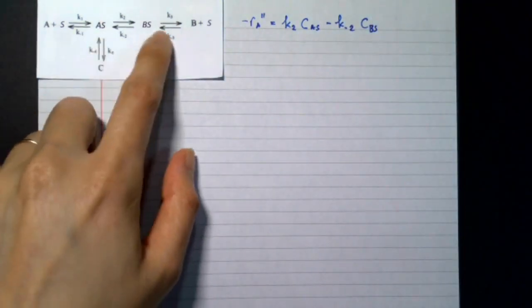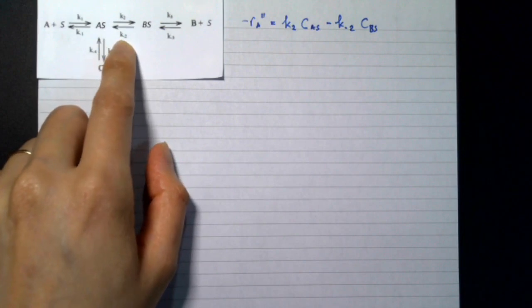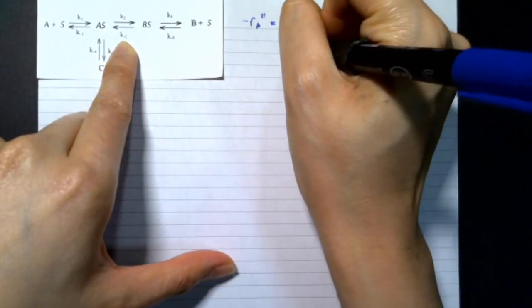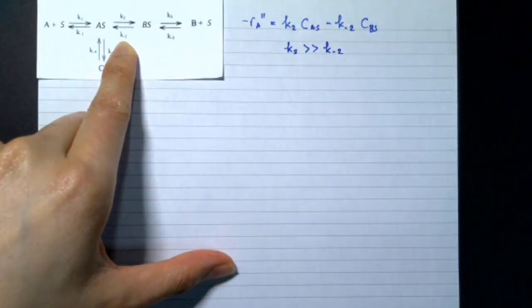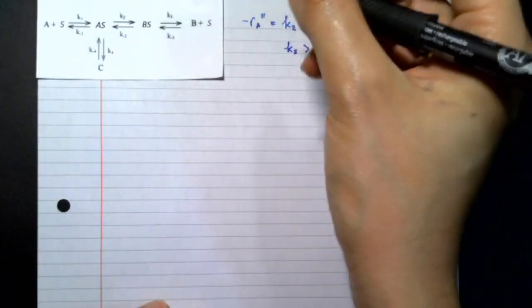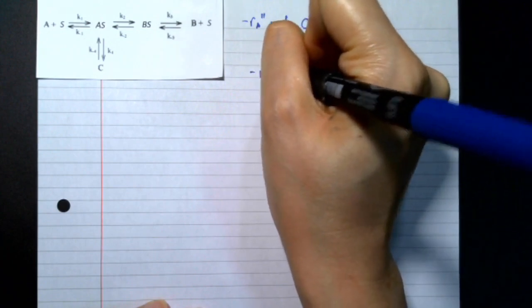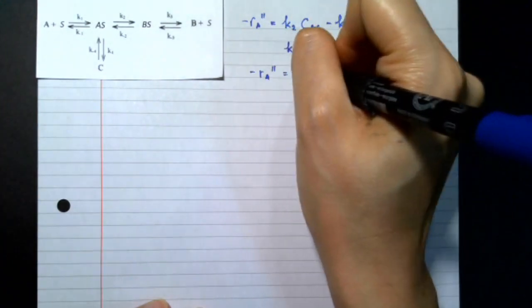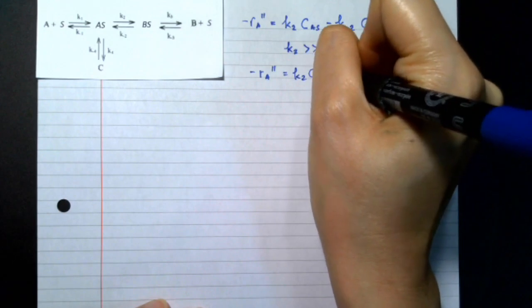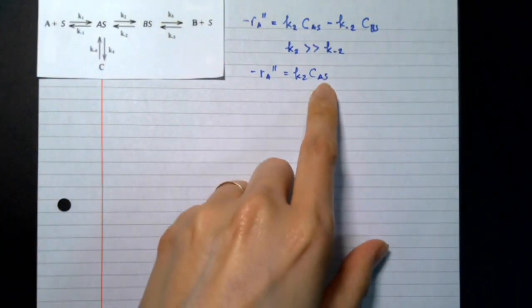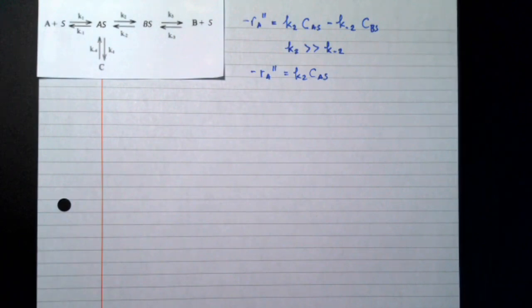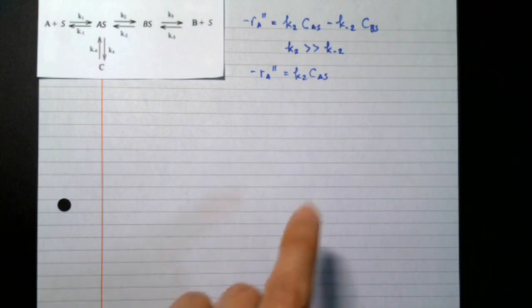So earlier, we assumed that this step is irreversible. We said that K2 is significantly higher than K negative 2. So we can write negative RA double prime as K2 times CAS. We need to express the surface concentration in terms of the bulk concentrations. And we can use the concepts that we learned from topic 2 to do that.